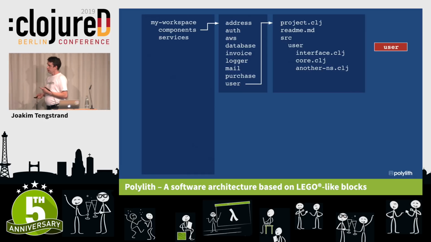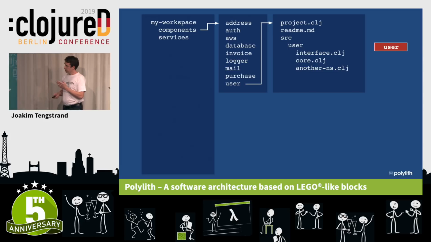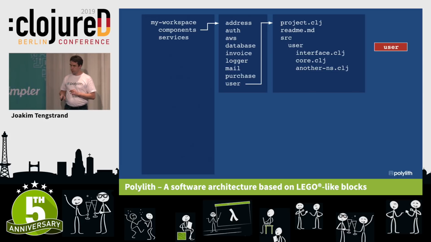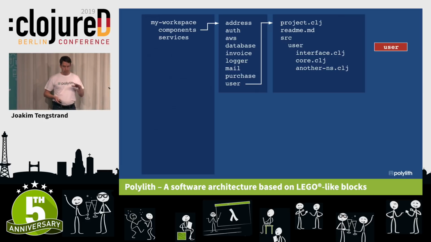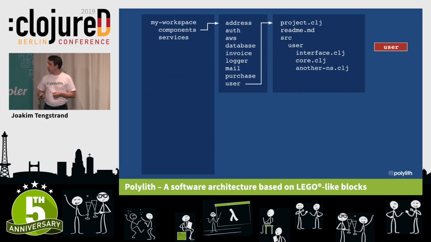This is a simple example. Under our source folder, we have our top namespace. Here it's just the name of the component to simplify this example. We have a number of namespaces under that folder also. The important namespace here is the interface namespace.